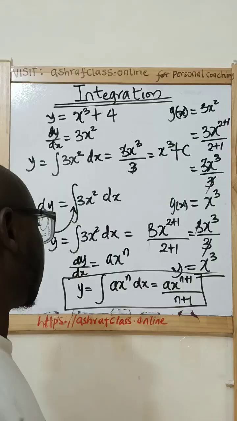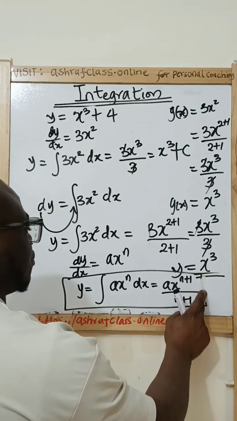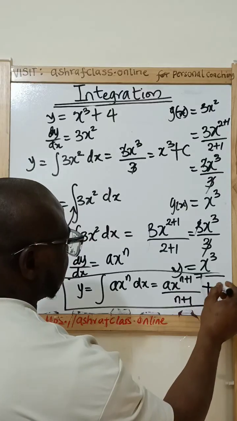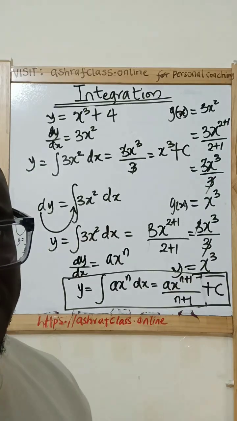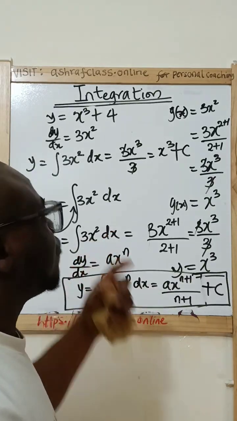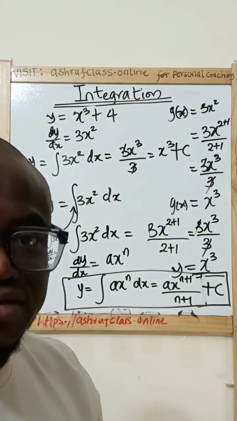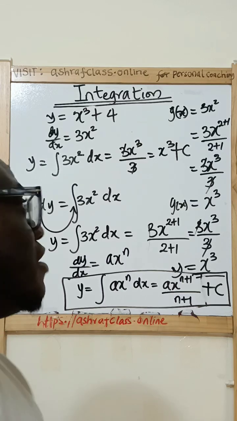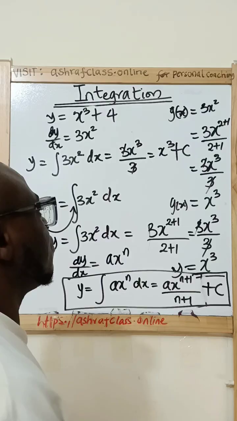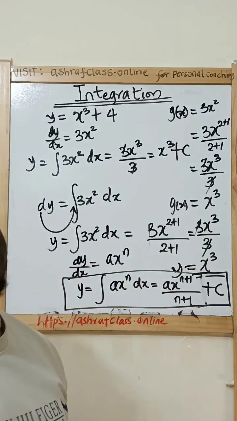So that if we are given additional information, then we can get that c back, and that is how we usually need to put c into our integration.